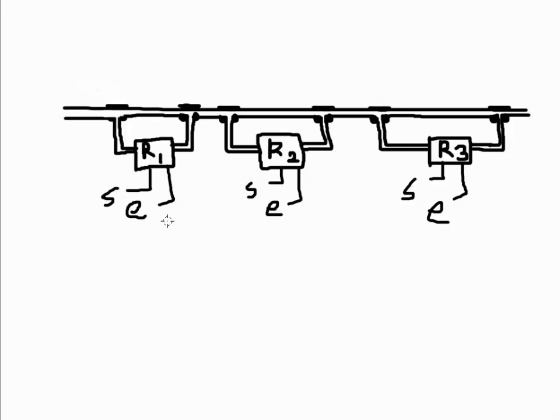But if the enabler is off, then the bits will be confined to this register only. And when we turn on the enabler, then the bits will be able to move to all of the registers here, all of the buses here.